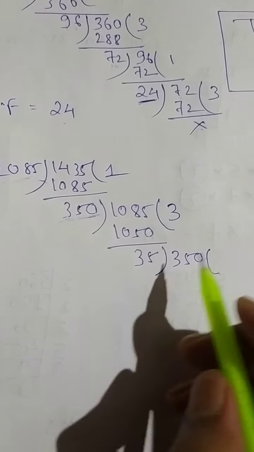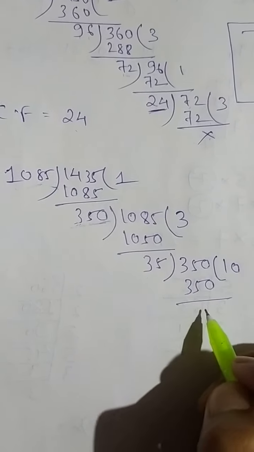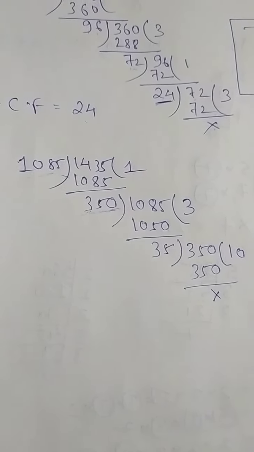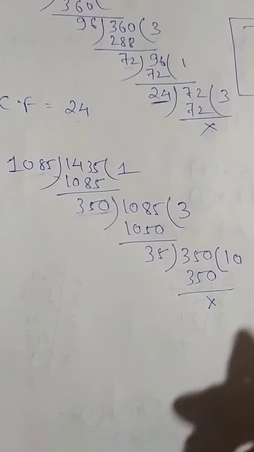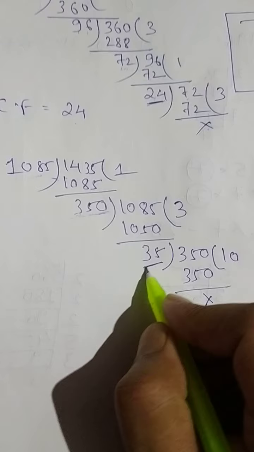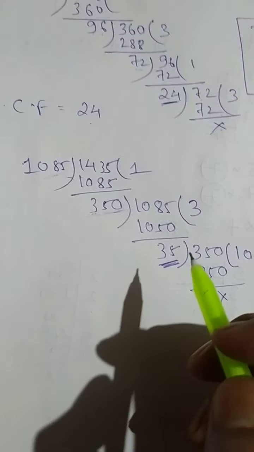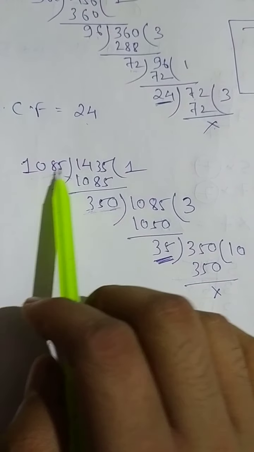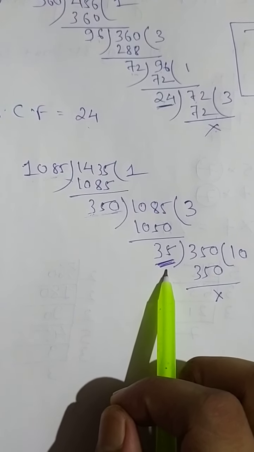Now all of you know 35 tens are 350. So which one is the HCF? 35. So HCF of 1085 and 1435, the answer is coming 35.